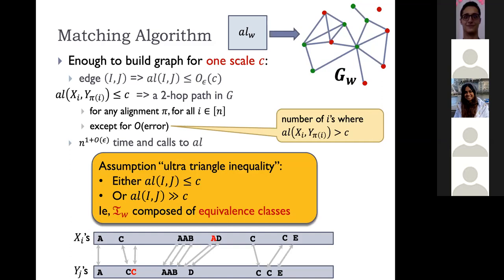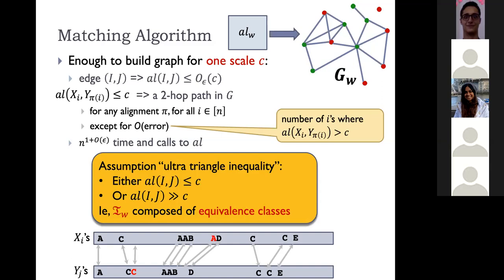Okay, and let me introduce an assumption, which I'll call an ultra triangle inequality assumption. In particular, this is what I already suggested when focusing on one scale, that either this alignment distance is much smaller than C, or otherwise it is much, much larger than C. Okay, in particular, there are no things which are at distance 2C or 3C.